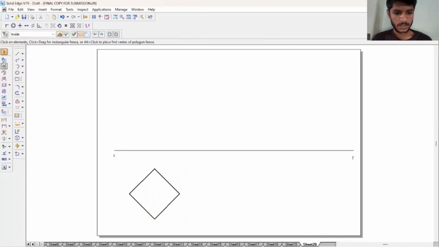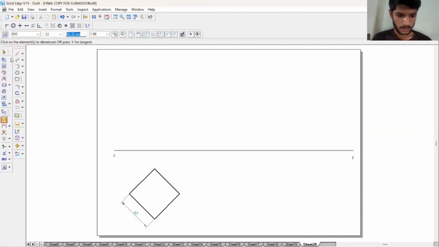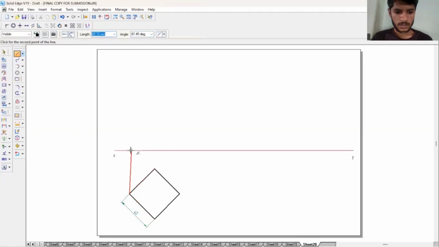Yeah, it must be thinner. Now let's draw the square of 40 and join the points to the XY line.